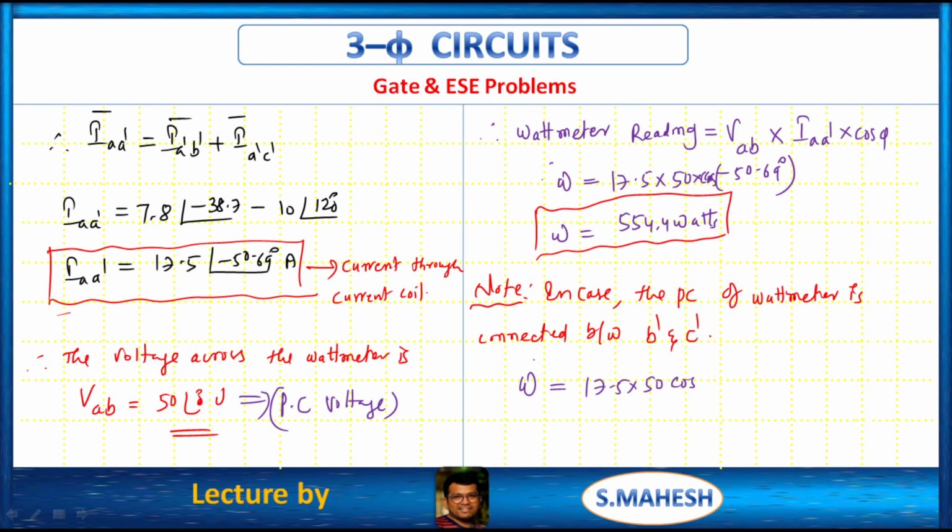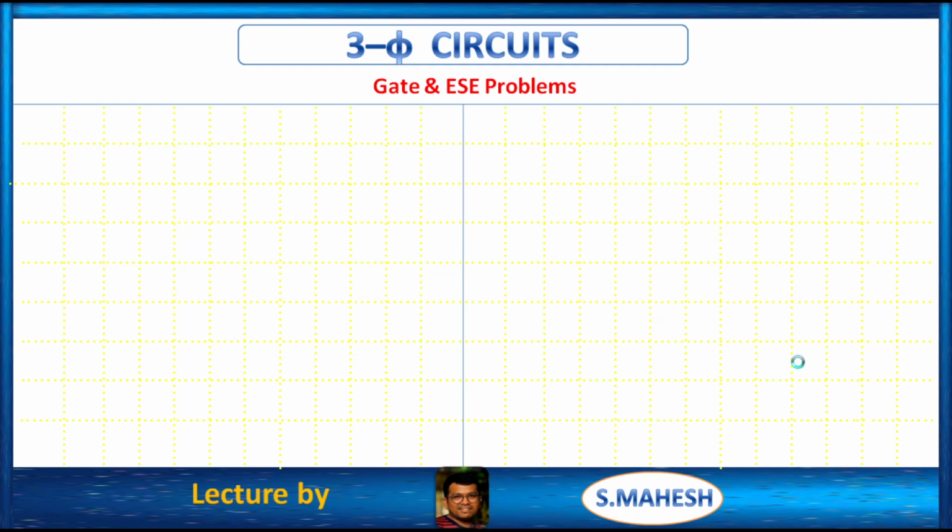Now it is 17.5 into 50 into cos of minus 120, because that is the second phase, B and C, plus 50.69. That's it. Okay, which is equals to 309. So like that for C and A, minus 240 plus 50.69. That's it.